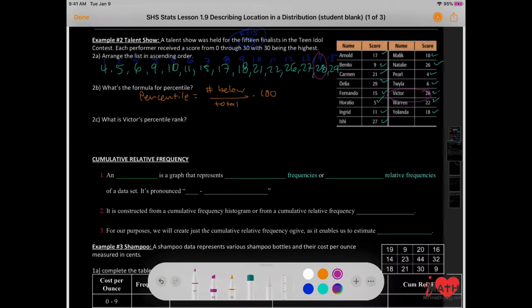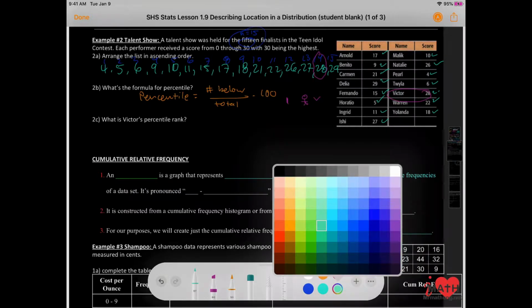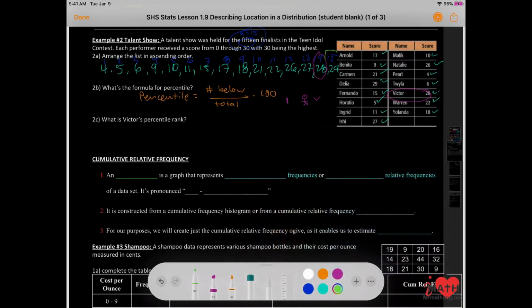Okay, so again, you like my visual? I don't know. This helps me. This is Victor, and Victor is one person. There is one person above Victor in green, and we know that there's a total of 15. So the question is, how many are below Victor?